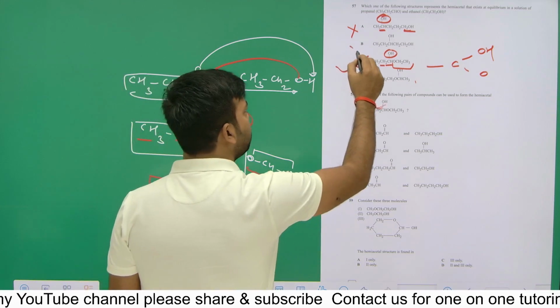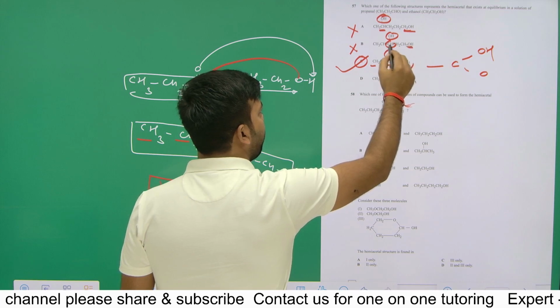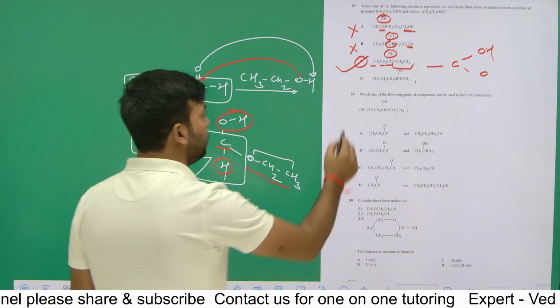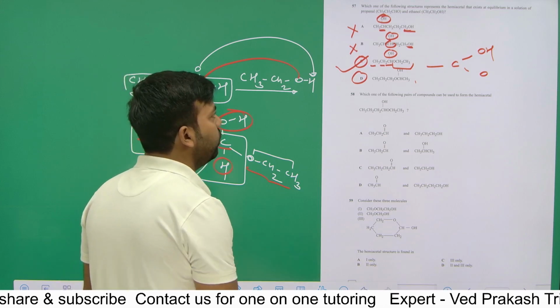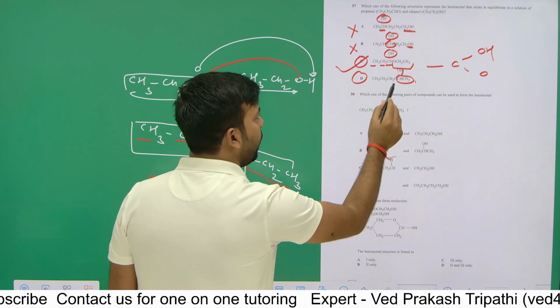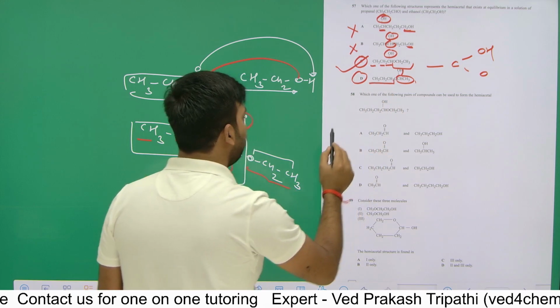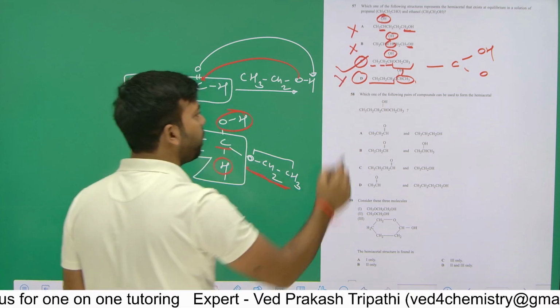Same with B. B is also wrong. This carbon has OH, but again this oxygen is not bonded to that carbon. D is a hemiacetal, there is no doubt. But you can see this oxygen has 3 carbons, and I said that oxygen has 2 carbons here. So D is wrong. Makes sense?